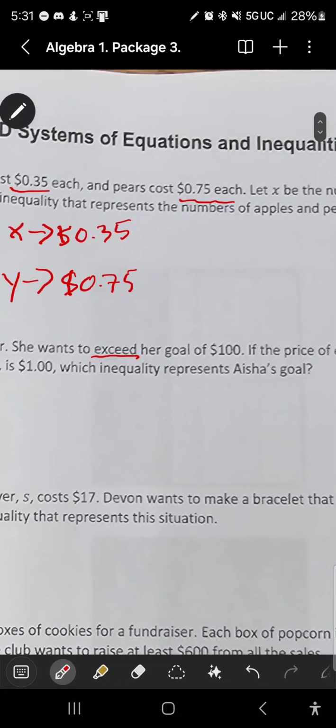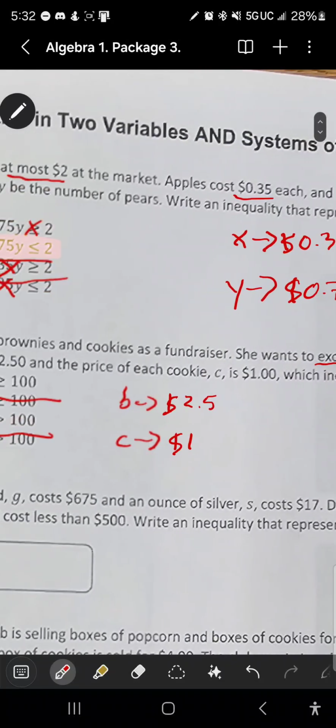Now, she wants to exceed her goal of $100. As you can see here, it is saying she wants the fundraiser to exceed, and exceed just means to be greater than. She wants her fundraising to be greater than her initial goal of $100. So she doesn't want it to be $100, she wants it to be more.